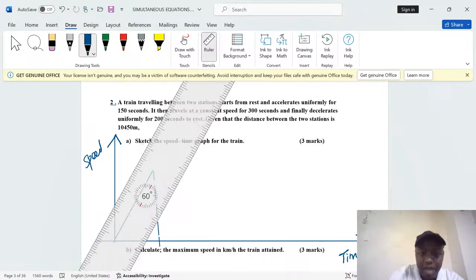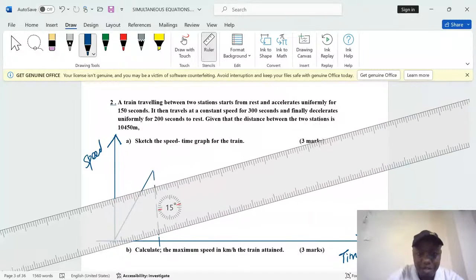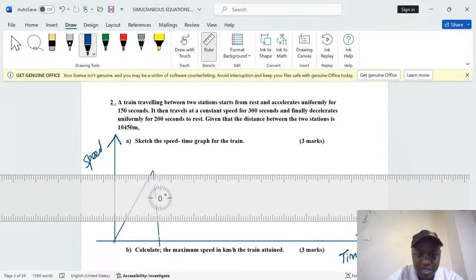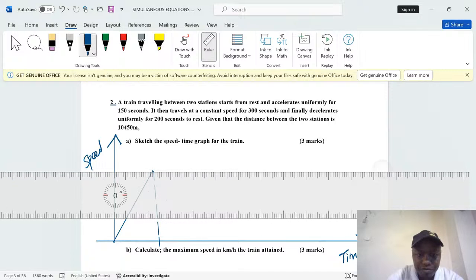Then from there, the particle will have a uniform velocity for 300 seconds.